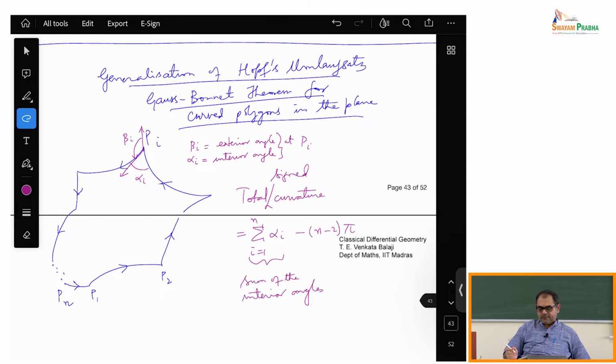And the simplest case you can think of is when it is a curved triangle, okay. If the curves on the boundary of the triangle are actually straight lines, then the total signed curvature will be 0, okay, because along a straight line the curvature is 0.